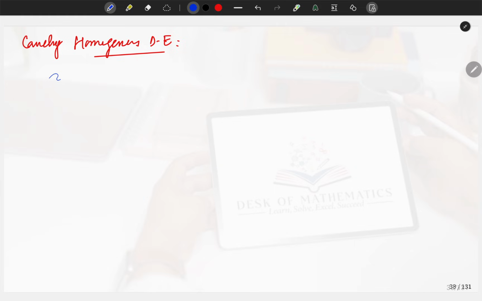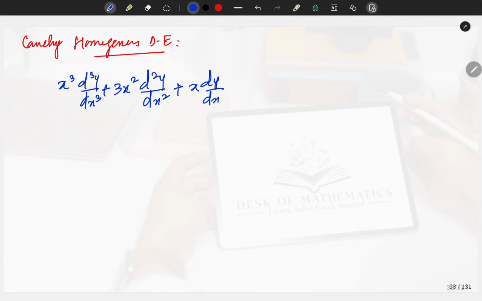For example, the question will be: x cube d cube y by dx cube plus 3x square d square y by dx square plus x dy upon d of x, plus 8y is equal to 13 cos of log of x, where x is greater than 0.